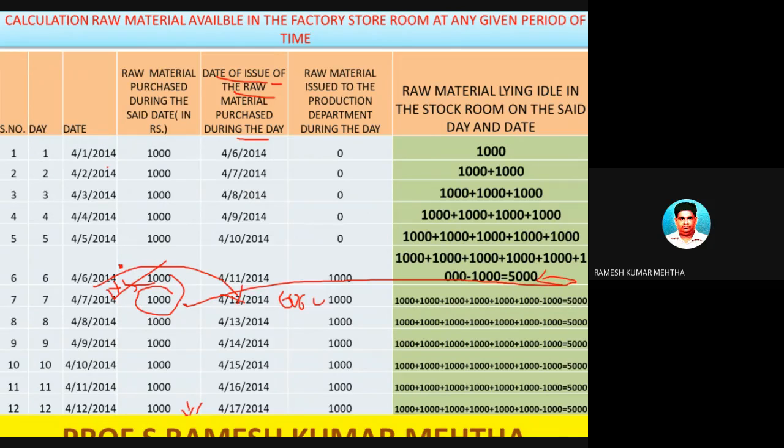However, please remember 7th April is the date on which the raw material purchased on 2nd April is going to be issued to the production center. So on this date of 7th April, this raw material of 2nd April is going to be issued, which is there in this 5,000 rupees.